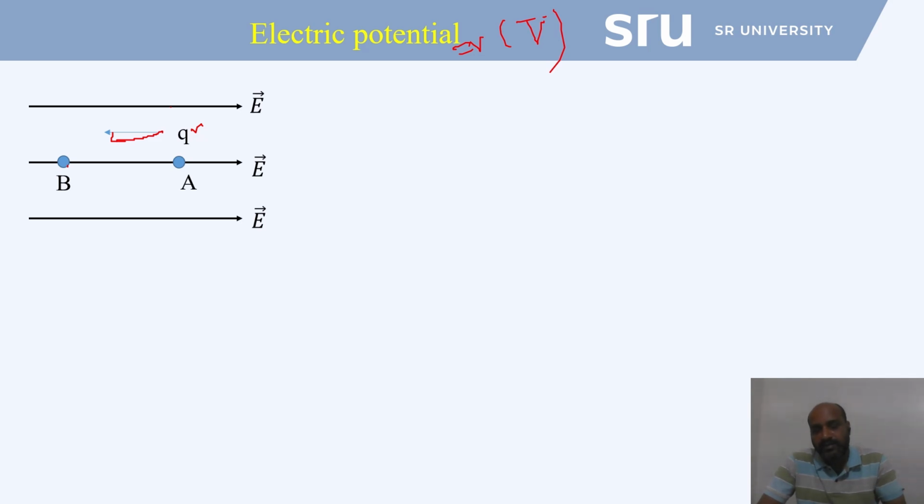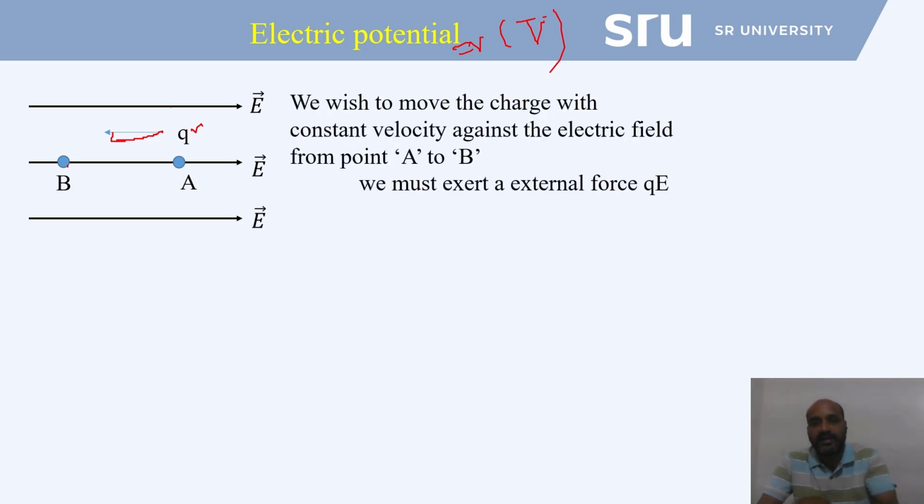Because it is changing its position from point A to point B, it is displaced. If that force is causing displacement, then some work is done. Some amount of work is done in order to move the charge from point A to point B.